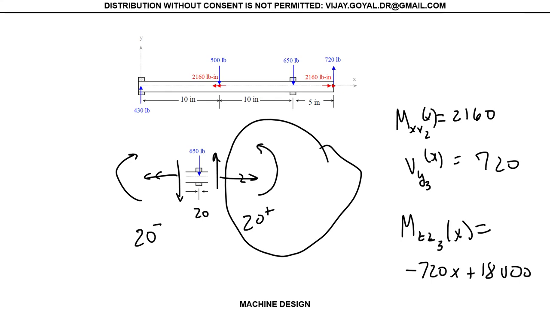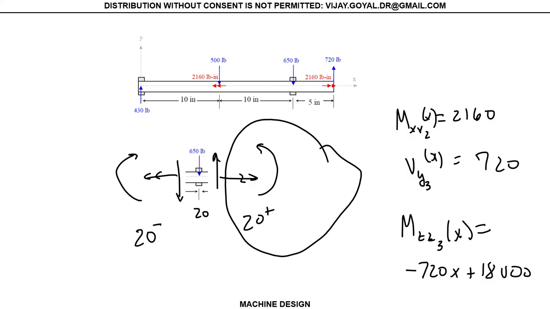Okay, so now that we have our loads, now that we have all these values, the next thing we want to do is plot them. So we will use MATLAB. Let me just show you how that is done. Okay, let's go back to MATLAB.